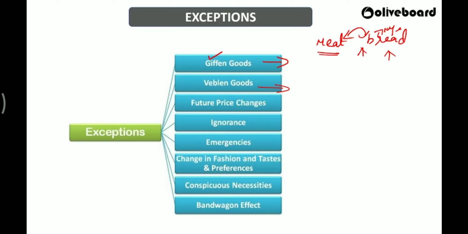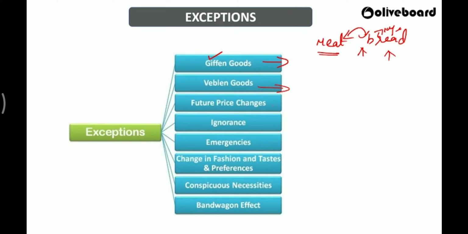No. That is why it is called a prestigious product. Diamonds, gold, all those things are prestigious. So whatever the price be, the demand for the commodity will not decrease. It will keep on increasing. Even though the price of gold increases, still people are buying. Even though the price of diamonds is increasing, people are buying it. Why? Because those are prestigious products, luxurious products.